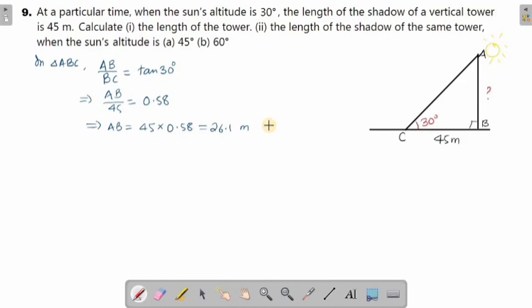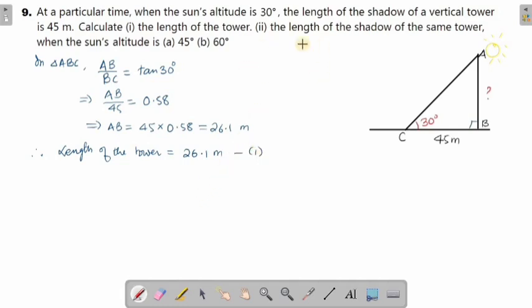That means I got the first answer. Therefore the length of the tower is 26.1 meters. Remember, this is my first answer.